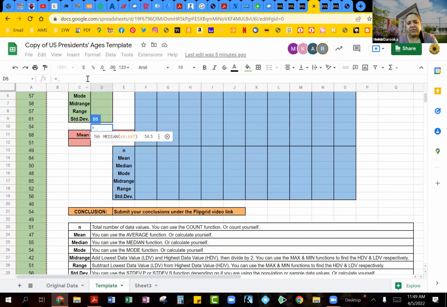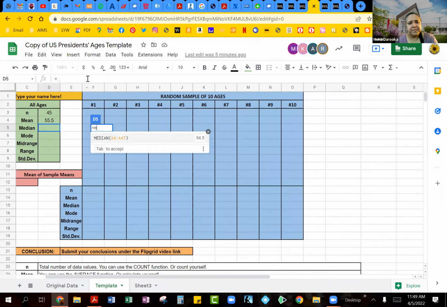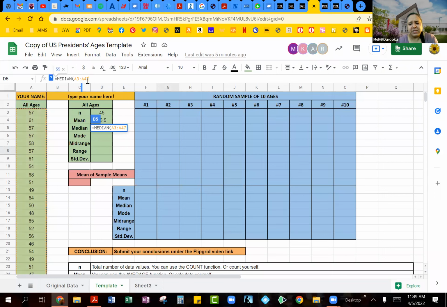You can see the built-in function is also called median. So we will go ahead and say median, put my cell numbers in here for the ages, close that and hit enter, and you will see we came up with the same answer of 55 as we saw on the other page. So again, that's your median.